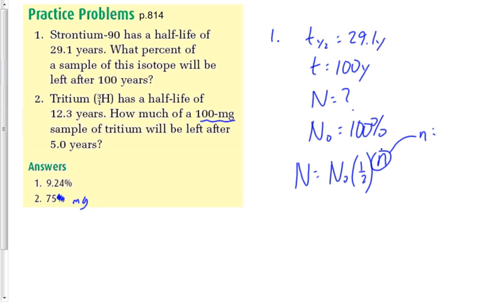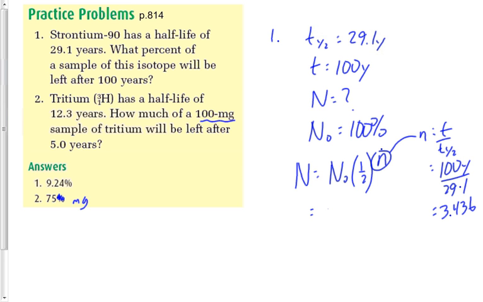But it's just like the total number of electrons is the total charge divided by the charge for 1 electron. The number of half-lives is the total time divided by the time for 1 half-life. 100 years divided by 29.1. What's that equal? 3.3-ish? 3.4? You got 3.436 half-lives. No units for that, just a number.